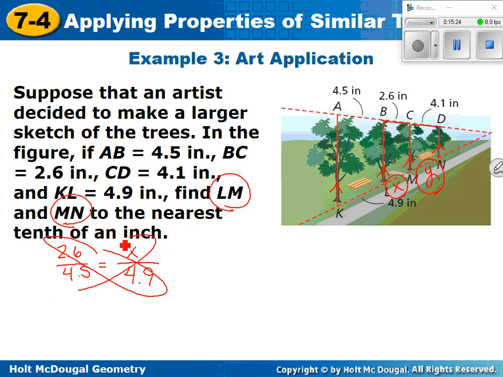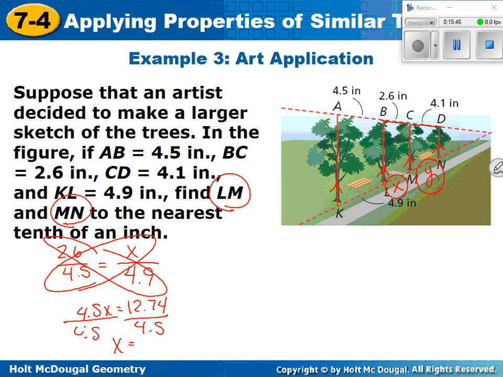Cross multiply. 4.5x equals what? Help me out with your calculators. What's 2.6 times 4.9? Thank you. 12.74. Divide by 4.5, and what do we get?